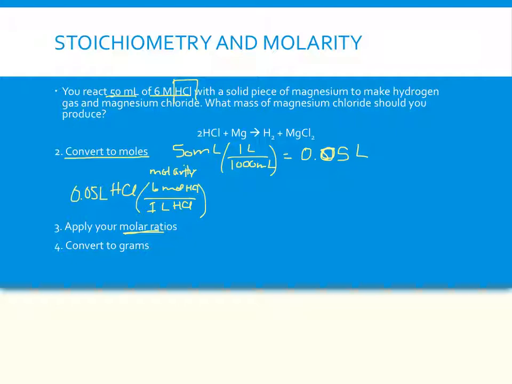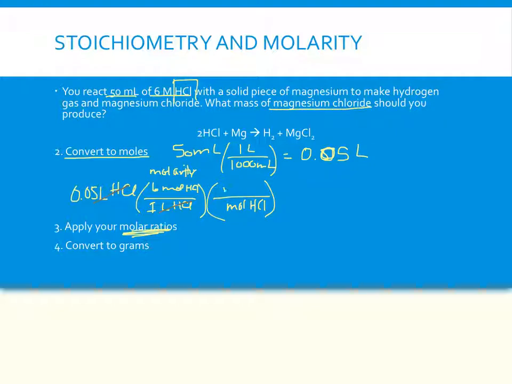Then you can see that the liters of hydrochloric acid cancel out, and I'm going to be converting to moles. Okay. Now that I've converted to moles, I'm allowed to apply my molar ratio. Moles of hydrochloric acid have to go in the bottom so that I can cancel those out. And then the question is about the mass of magnesium chloride.